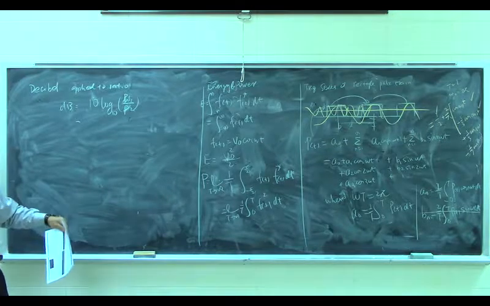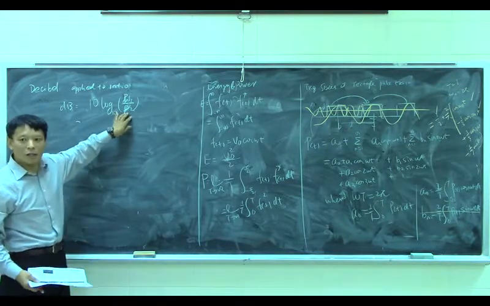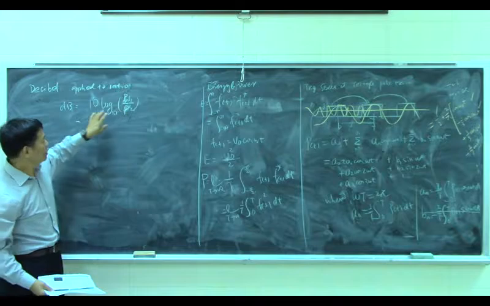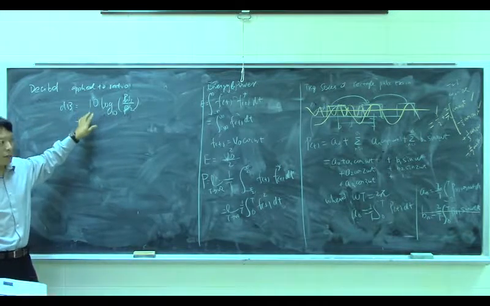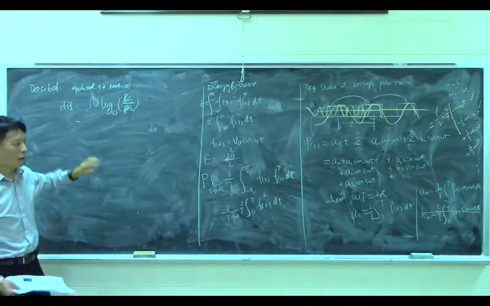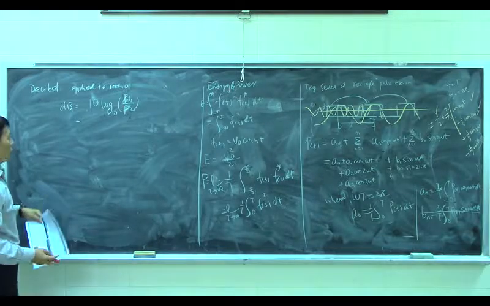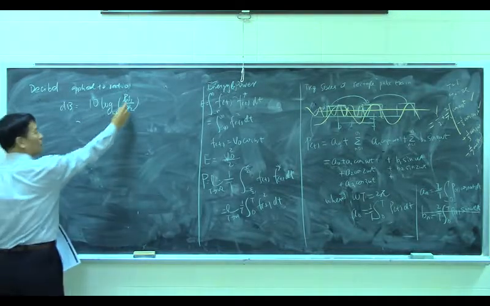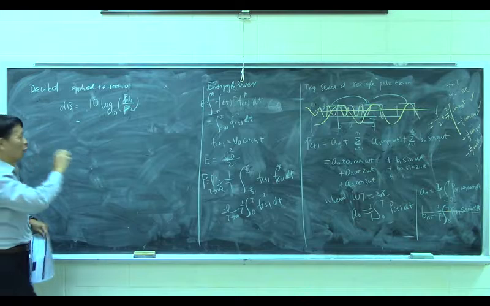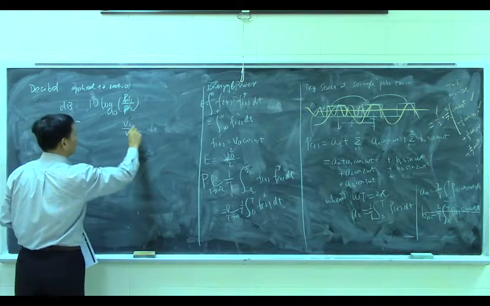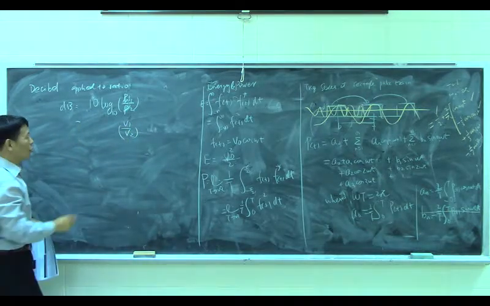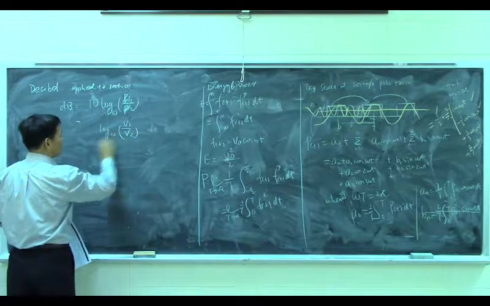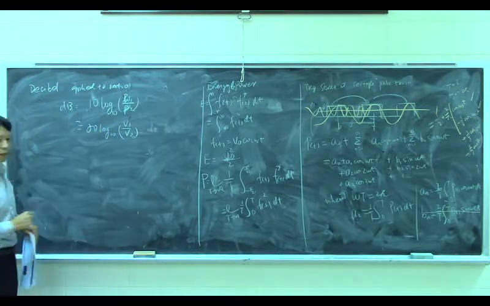That's it. You are given the ratio in power, then you take the log base 10, then you times 10. And sometimes the ratio is in voltage instead of power. For example, V1 over V2, like this.